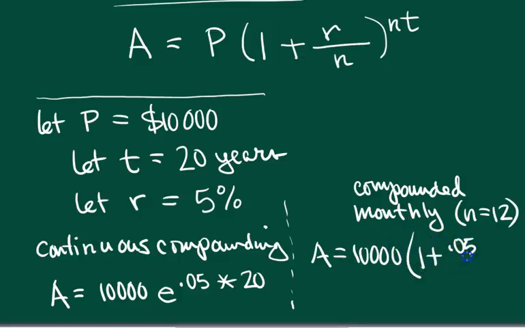We're going to have to divide that .05 into 12 pieces. And then we're going to pay those 12 times 20 times. So this is 1 plus less than 0.5%, but it's going to be paid a lot more often.